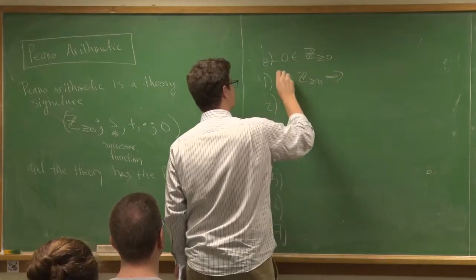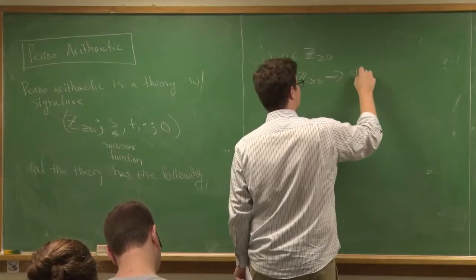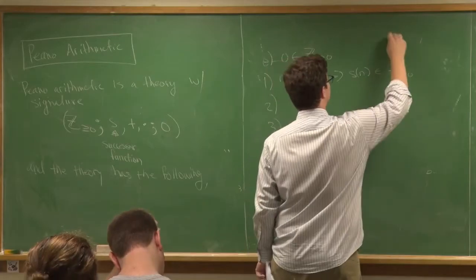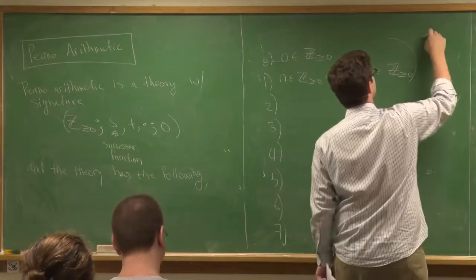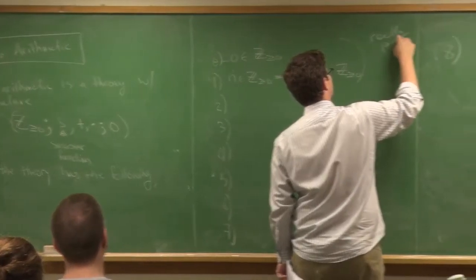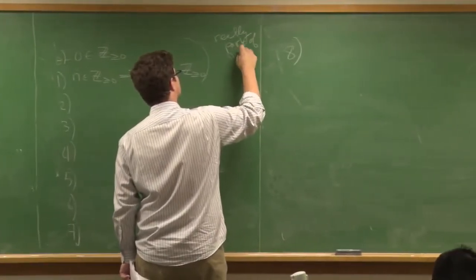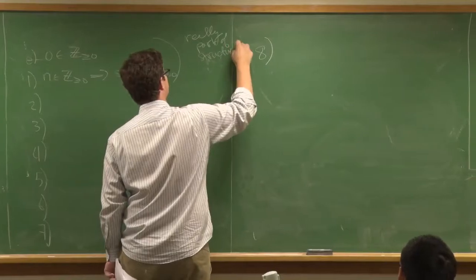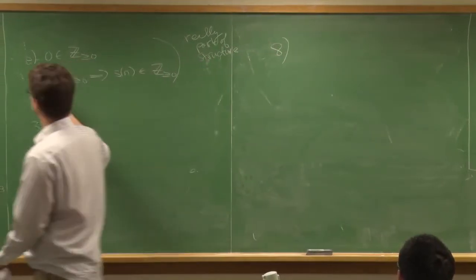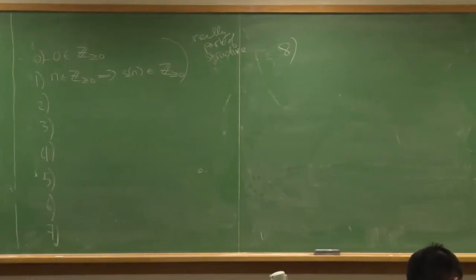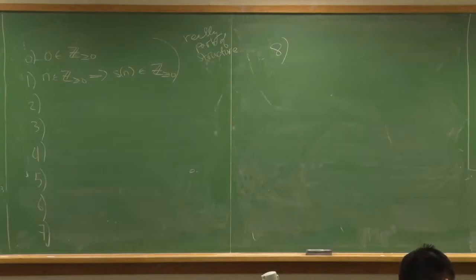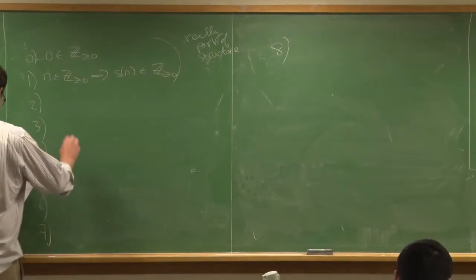So if n is in here, this implies Sn is an element of here. These things are really part of the structure, so you could omit them once I specified the signature. Technically, you don't have to write those down, now that we have this language of signatures, the verbiage here. But we do have to write down these.